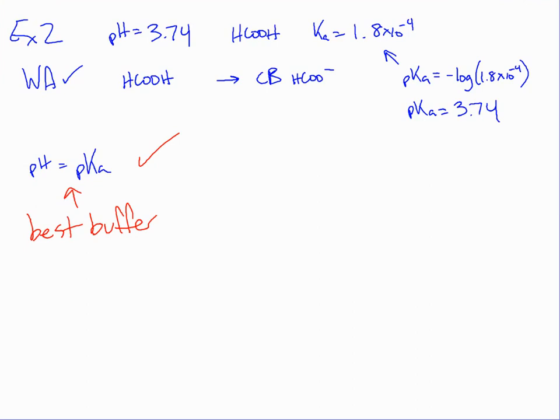The notes say this is an ideal substance to use since its pKa equals the desired pH. Let's write that down. This is like an AP answer version here. This is an ideal substance.